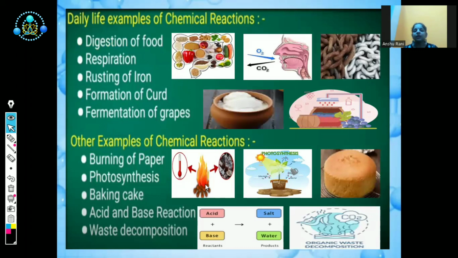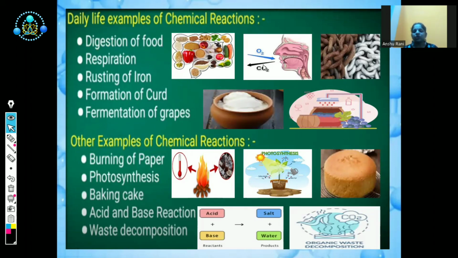We have certain examples of chemical reactions in our daily life. Like we are having digestion of food. When we take food in, it combines with oxygen. Glucose present in food is broken down to form carbon dioxide plus water, along with energy. That energy we are using in our day-to-day activities.